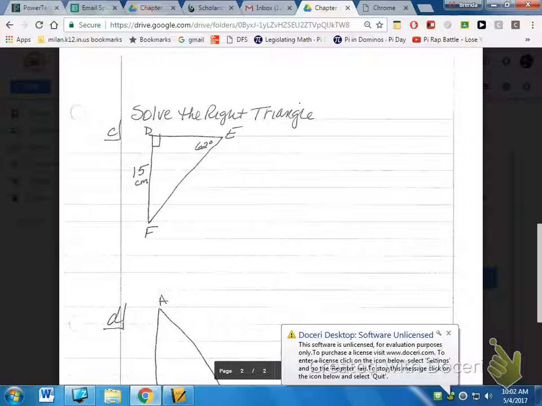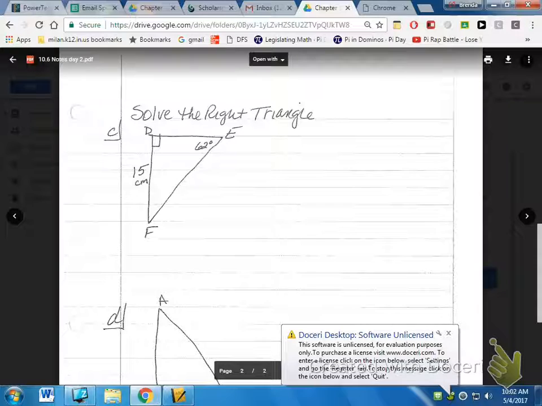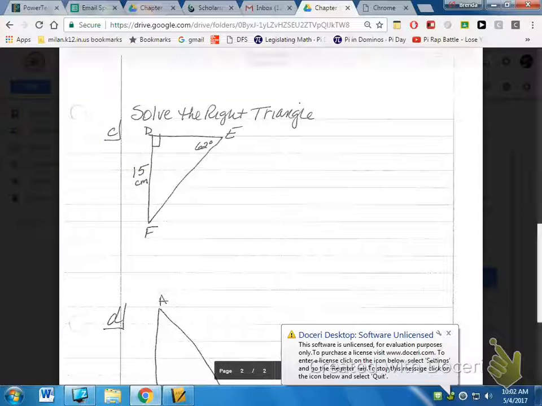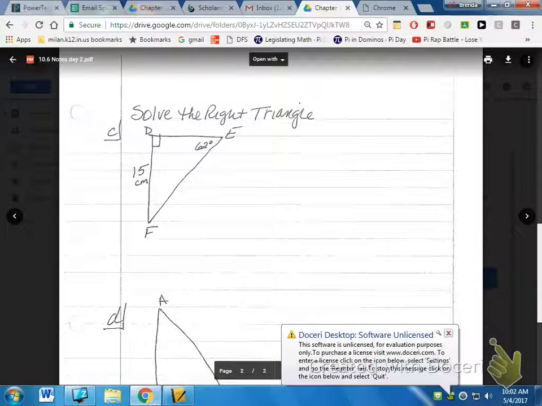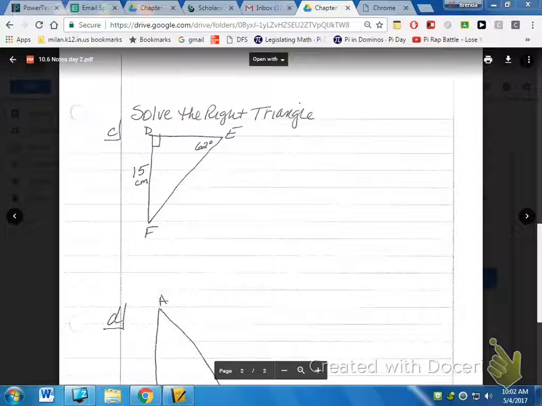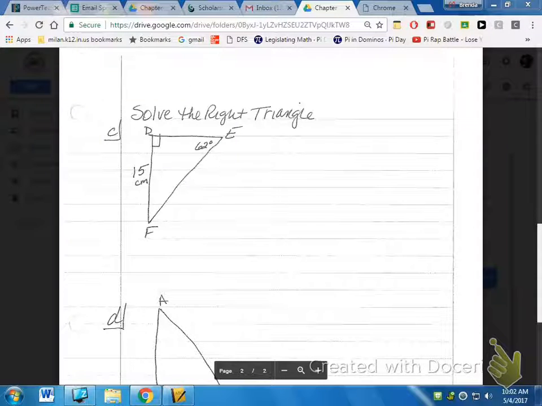Now we're moving on to example C, and the directions say solve the right triangle, and what that means is anything that is not labeled with a measurement you must find. So angle D in this example is our right angle, so we're not finding that.